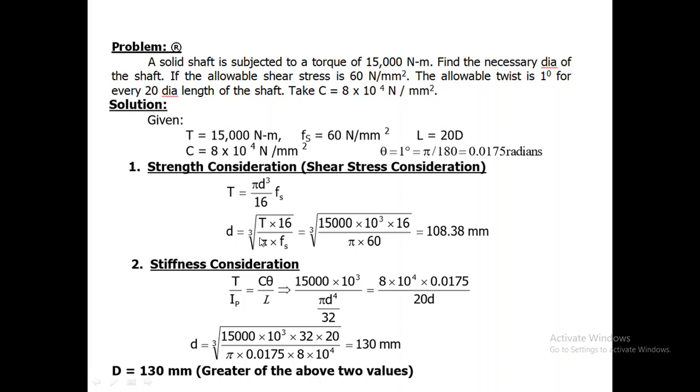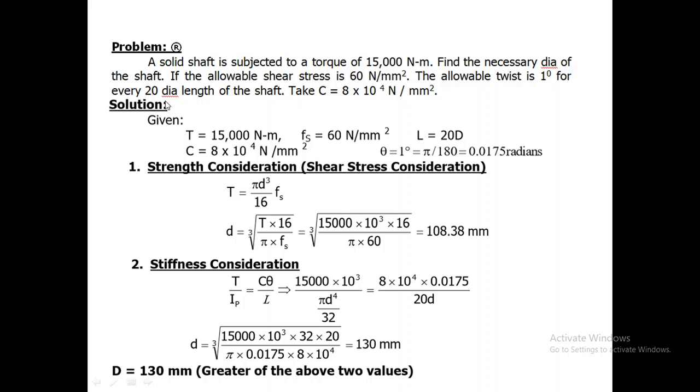Here we will find out the diameter of the shaft, where torque is given, the shear stress is given, the angle of twist is given, and the diameter is to be found.